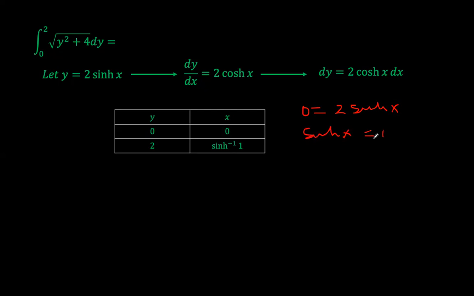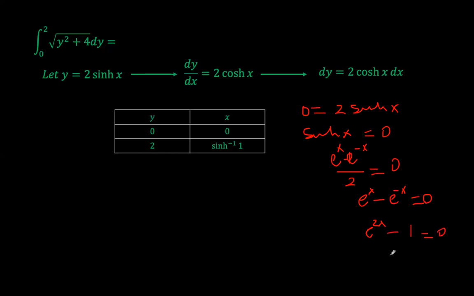Right, and that means that e to the power x minus e to the power negative x over 2 is equal to 0. That means that e to the x minus e to the negative x equals 0, which is e to the power 2x minus 1 equals 0.